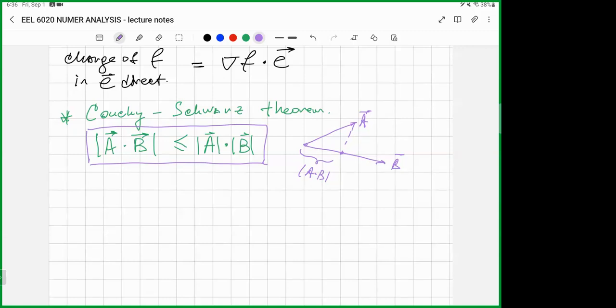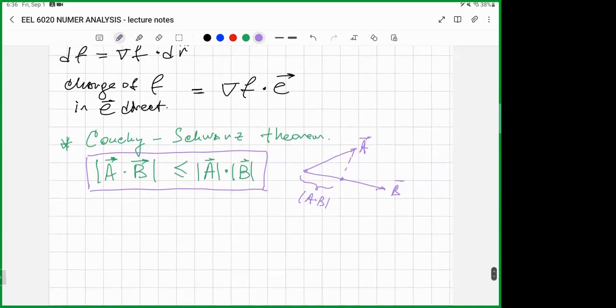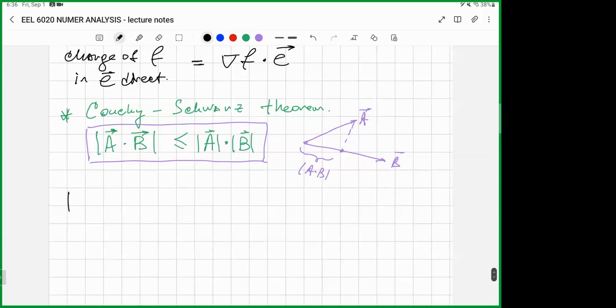Yeah, the Cauchy-Schwarz theorem is pretty simple, but it allows us to take the modulus of gradient F times unit vector E, and it's necessarily smaller than the modulus of the gradient times the modulus of the vector E. And by definition, the unit vector has modulus 1.